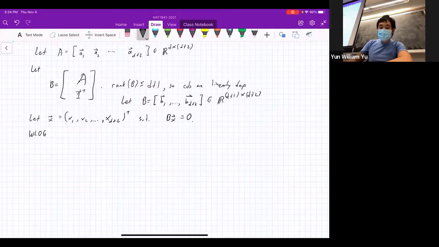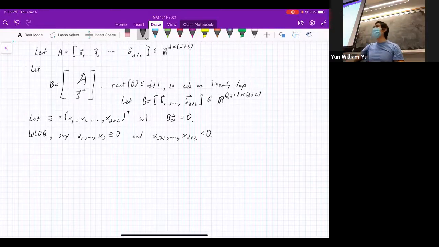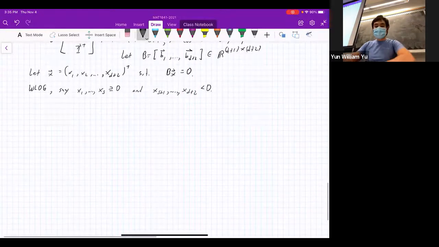Without loss of generality, we're going to order it and say that X1 through XS are greater than or equal to 0, and XS+1 through X D+2 are less than 0. Just reordering the same way we did for one of our earlier proofs, which I'm forgetting right now, but we're just doing a reordering of all these weights.